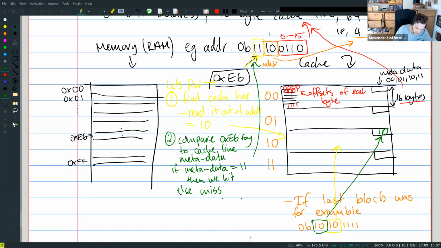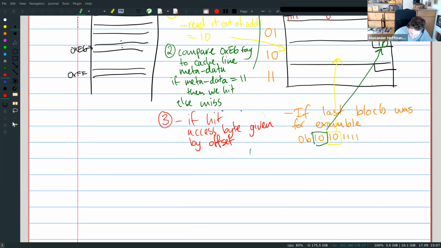So then this is the second step. And then the third step is only for if hit: access byte given by offset. So in this example, we would just go down, where's my mouse?